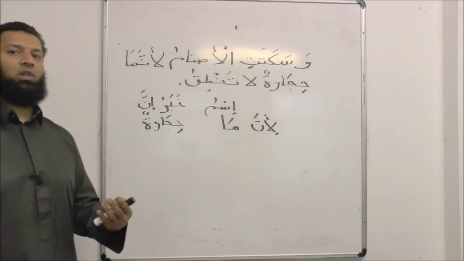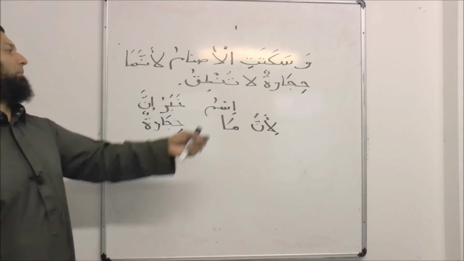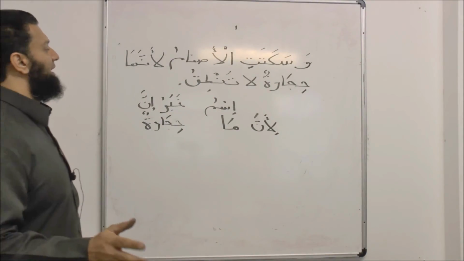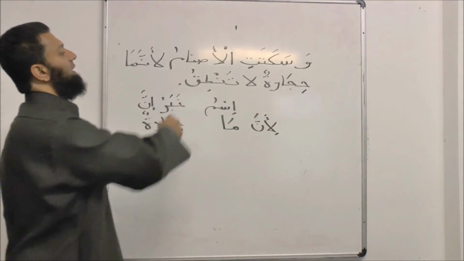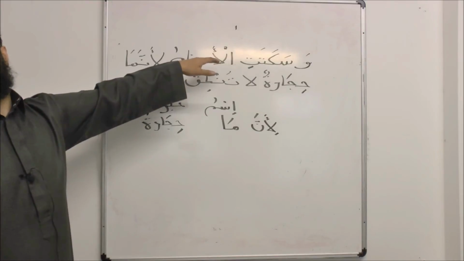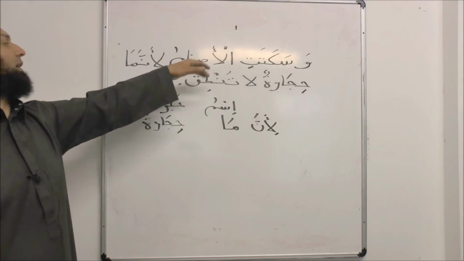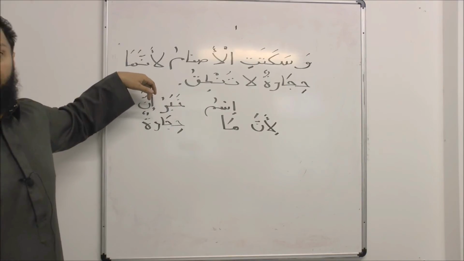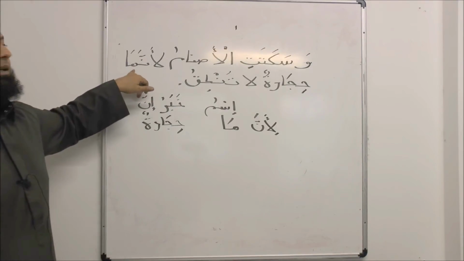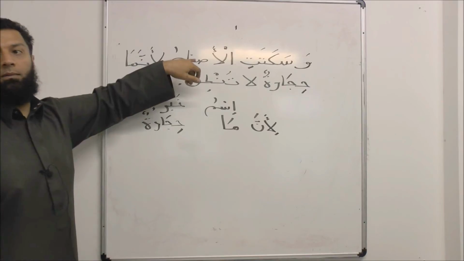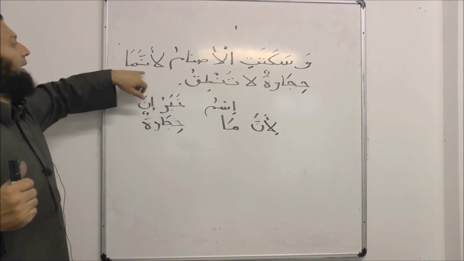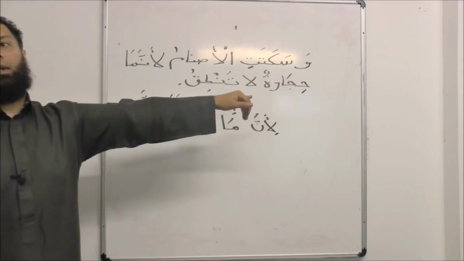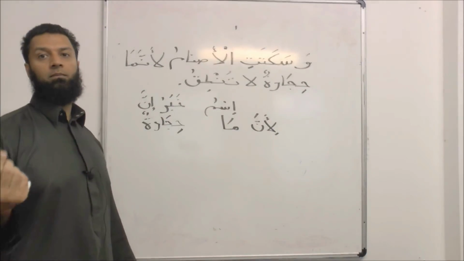First of all, is it clear what this means? وَسَكَتَتِ الْأَصْنَامُ. The idols were silent. لأنها, because they, ha refers back to al-sanamu. So then, why? لأنها hijaratun, the stone. They're stone. لا تنطق.